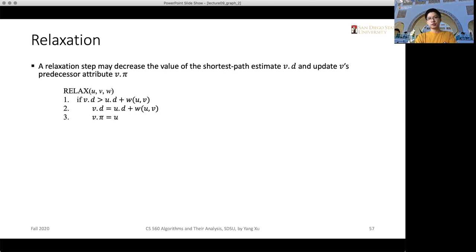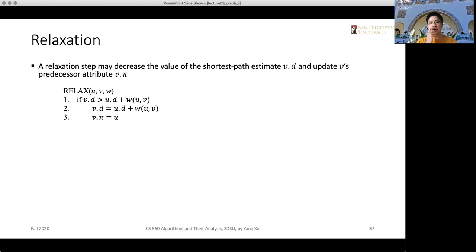It uses an if statement to check whether V dot D is greater than U dot D plus the weight between U and V. If this is the case, which means U dot D plus the weight is a shorter path, then we need to update V dot D. The old V dot D might come from another path that does not go through U. But now we found that if we go through U first, it results in a shorter path, so why not go through U first.